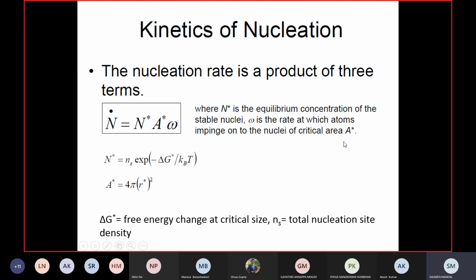So the critical area A asterisk of one particular cluster is there, and the rate at which atoms are impinging is important, because there is a continuous tendency for atoms to join a particular group.